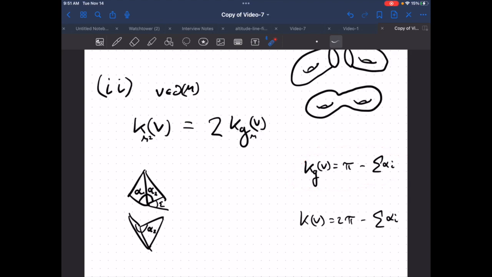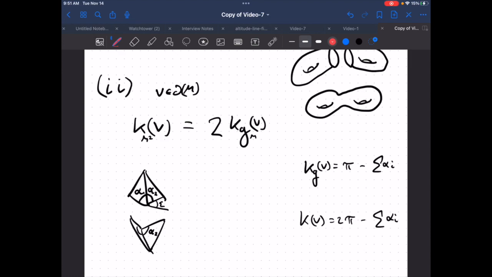Well, when we glue a copy of the surface onto itself, something like this, instead of pi minus, we'll have 2 pi minus, and instead of just summing up these angles, we're going to sum them up twice. So this is a little bit misleading here.